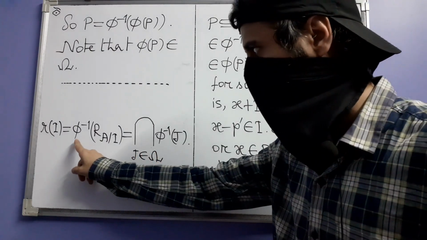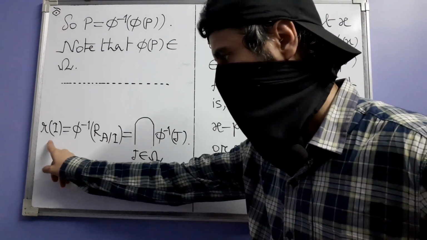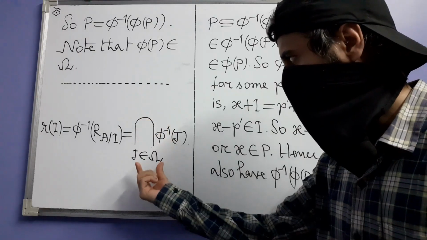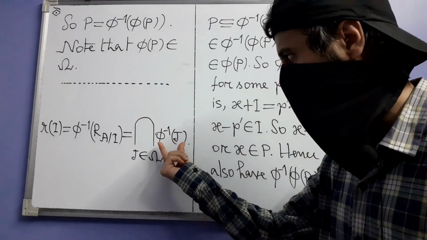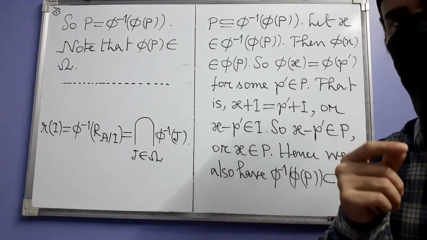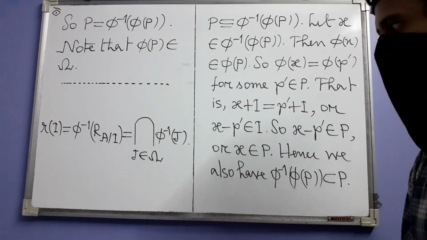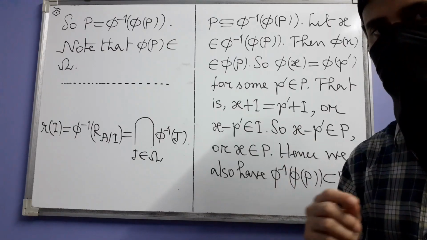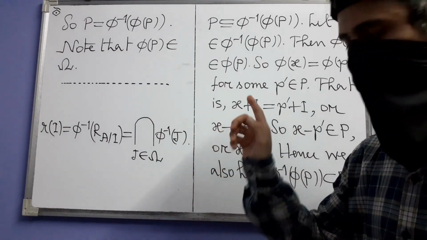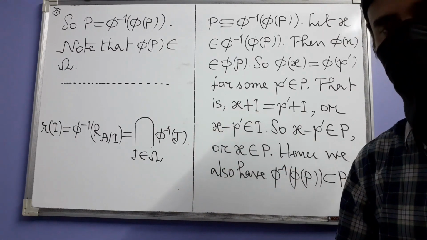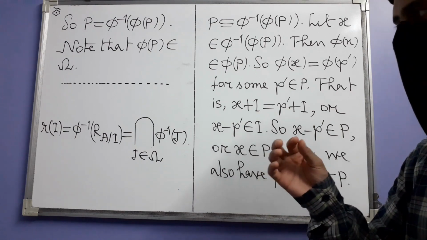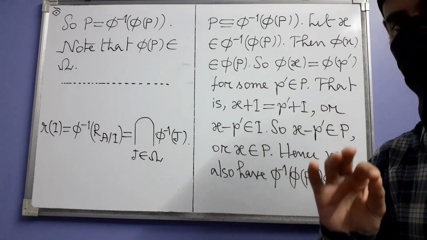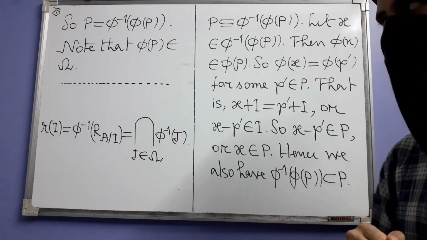We were able to express this inverse image and hence the radical of I as the intersection of some prime ideals of A containing I. And we were worried about whether all prime ideals of A containing I are appearing here in this intersection or not. So accordingly, we took P as a prime ideal, any prime ideal of A containing I.